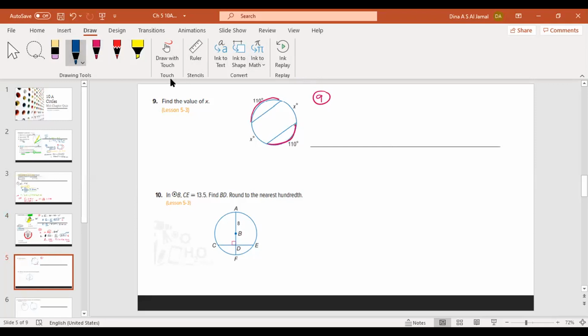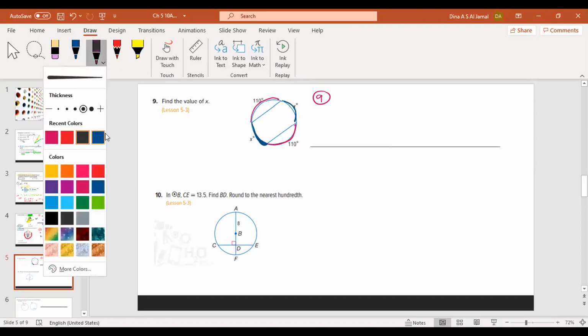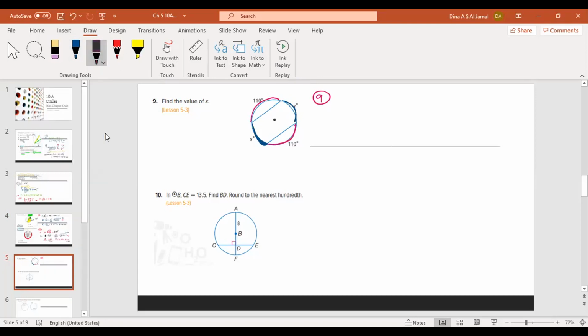And he's asking you about the measurement of this and this one. So we all know that the summation of the central angles inside a circle is 360. And also we know that the corresponding arc for each central angle, if I sum them, they will be giving me 360.